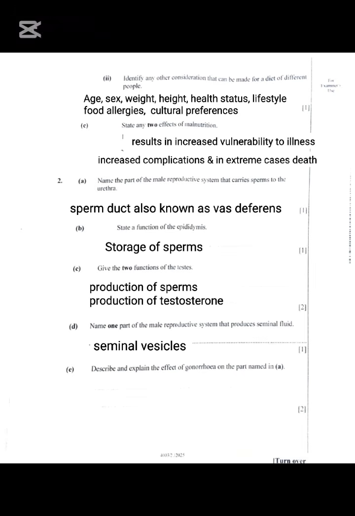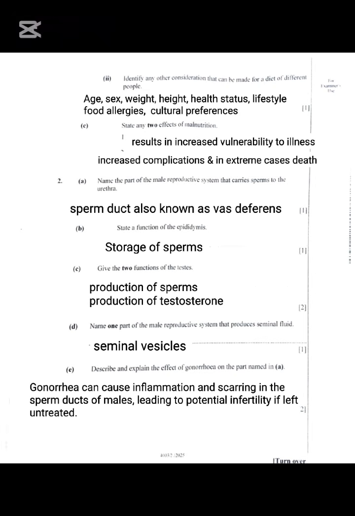And then on part E, describe and explain the effect of gonorrhea on the part named in A. So we named that A is the sperm duct. We need to describe and explain the effect of gonorrhea on the sperm duct.